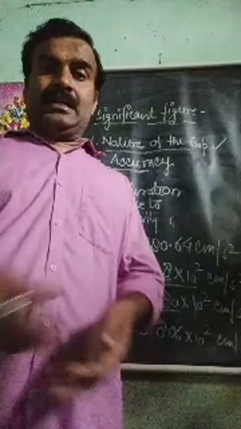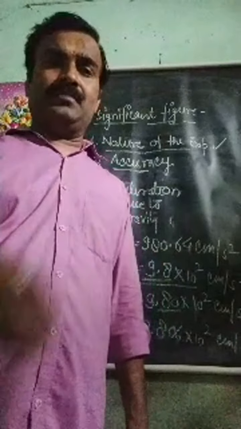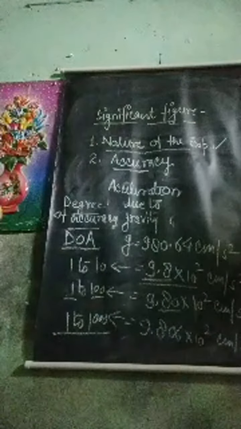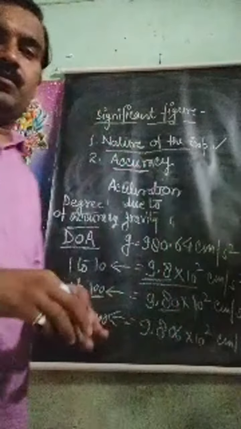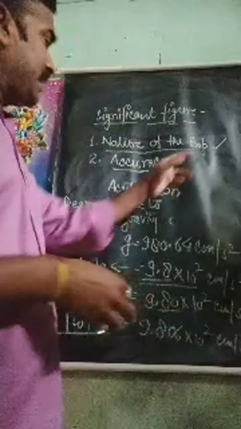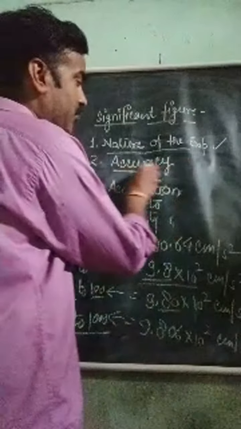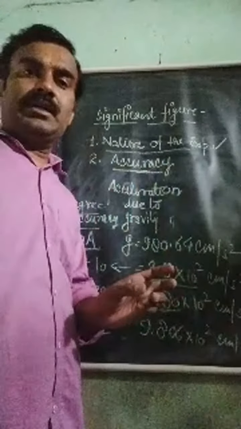Acceleration due to gravity is basically measured up to 1 decimal point better. So you can write up to 1 decimal point. In the same way, accuracy means up to what decimal point you are going to write it.